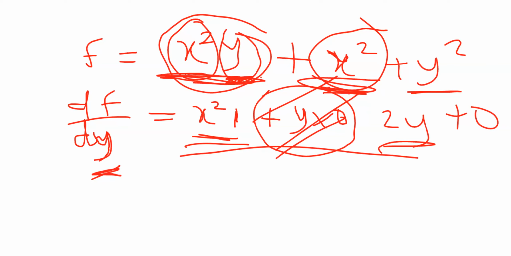I just got 2xy for that one. According to the question, u is equal to xy squared plus xy minus x squared.